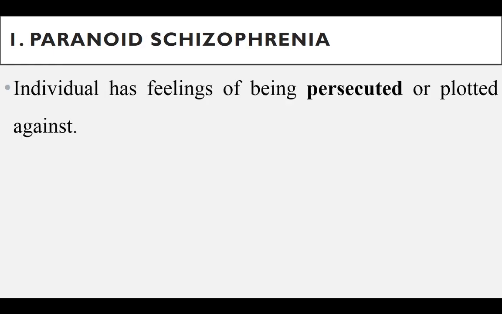Now let's see. Paranoid schizophrenia, basically, is when the individual has feelings of being persecuted or plotted against. Remember those thinkings? Since I am thinking like that, my mind tells me, so I feel like others are always there to harm them, or always do something against the person.